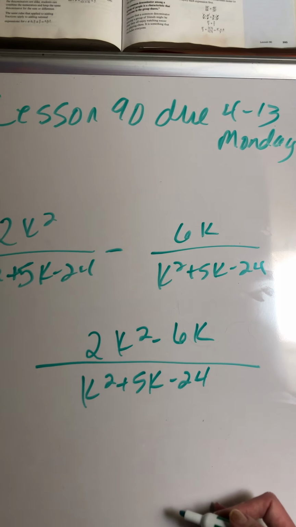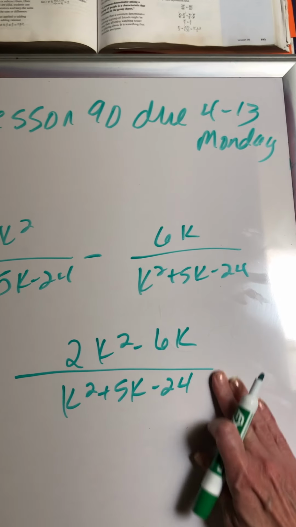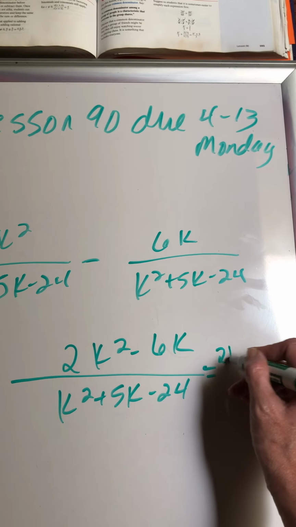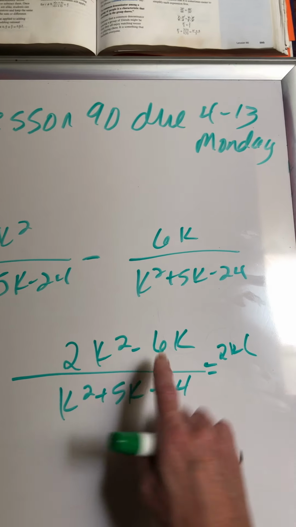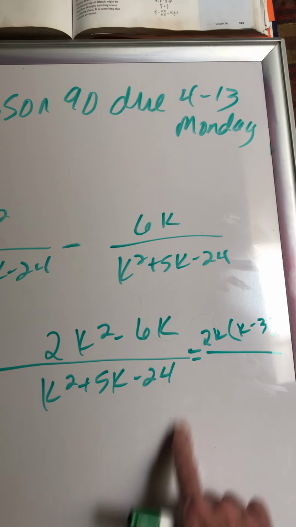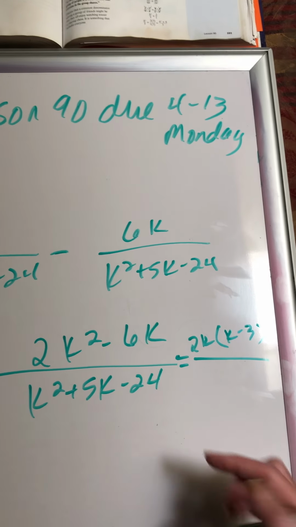So then we factor. We've done that before. We got to factor the numerator, factor the denominator. In the numerator, I can take a 2k out of both of them. So when I take a 2k out, that leaves k minus 3. 2k out of 2k squared leaves k, and 2k out of 6k leaves 3.